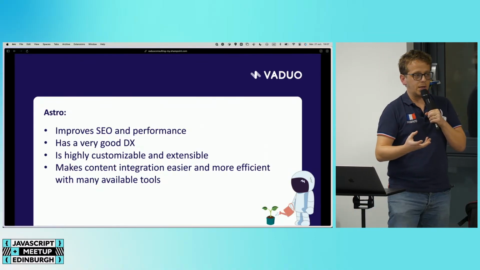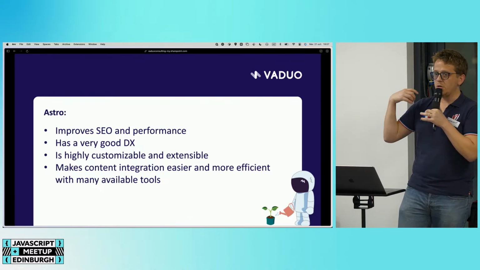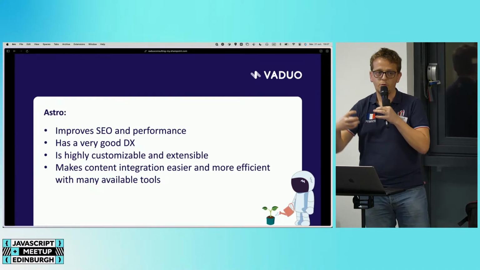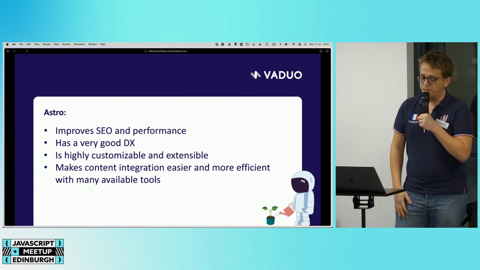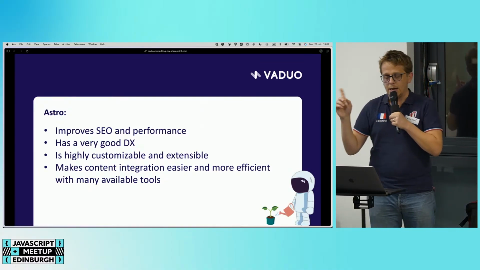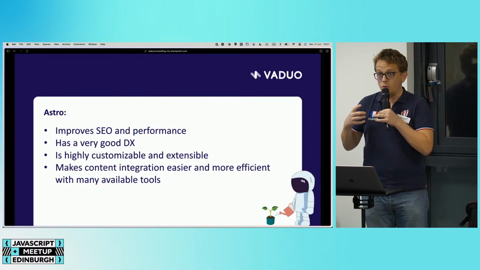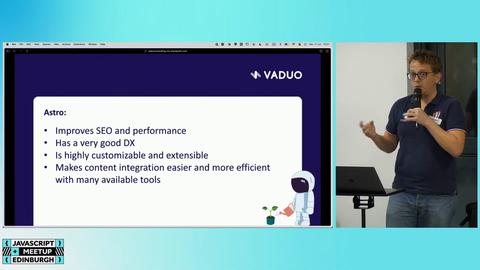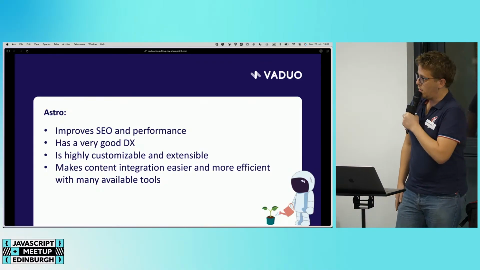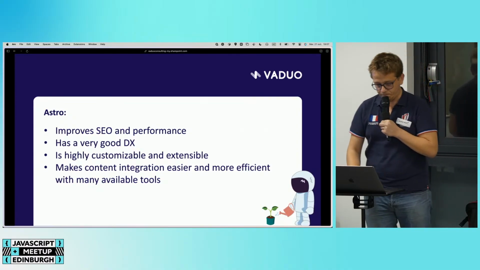It has a good developer experience, with TypeScript typings that will be generated at build time. It will make our life easier as a developer, and is highly extensible. The only thing you have to do is write some JavaScript or TypeScript code, and you can do whatever you want. And I hope we will see that during this presentation.